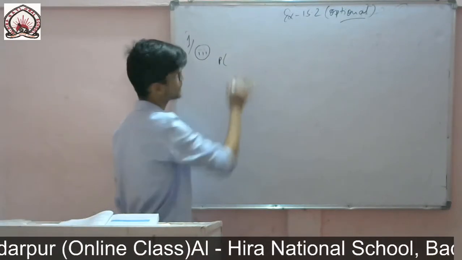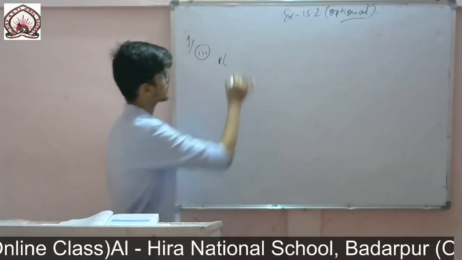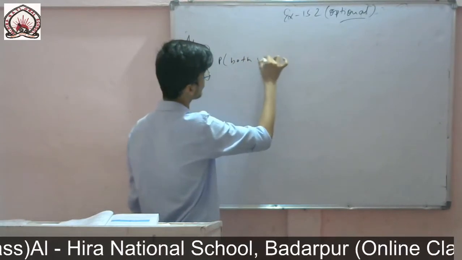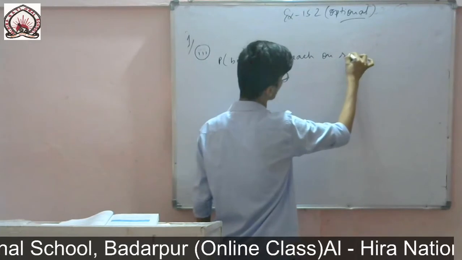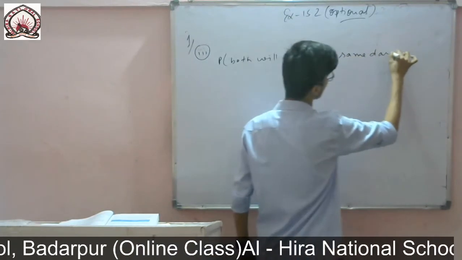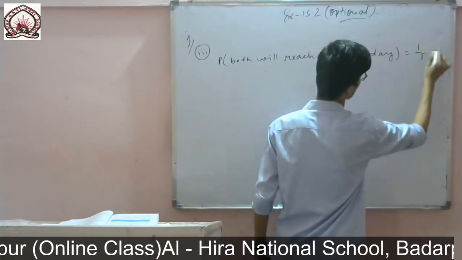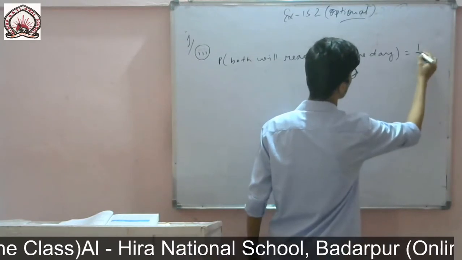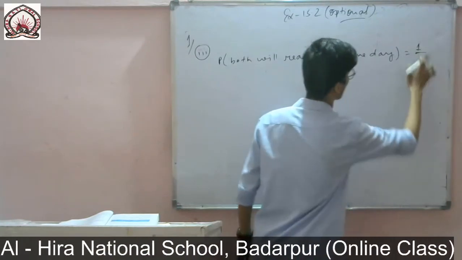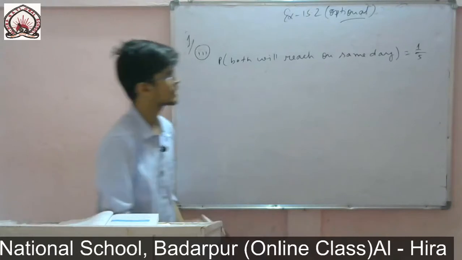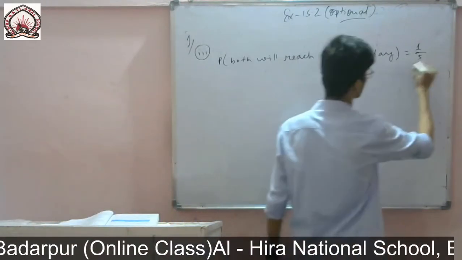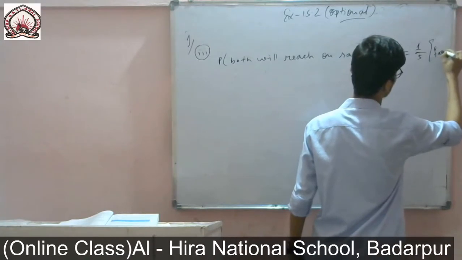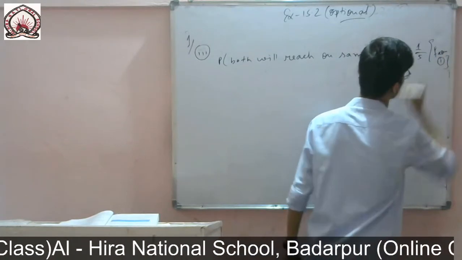So probability that both will reach on same day equals 1 by 5, which I found earlier from Roman number 1.